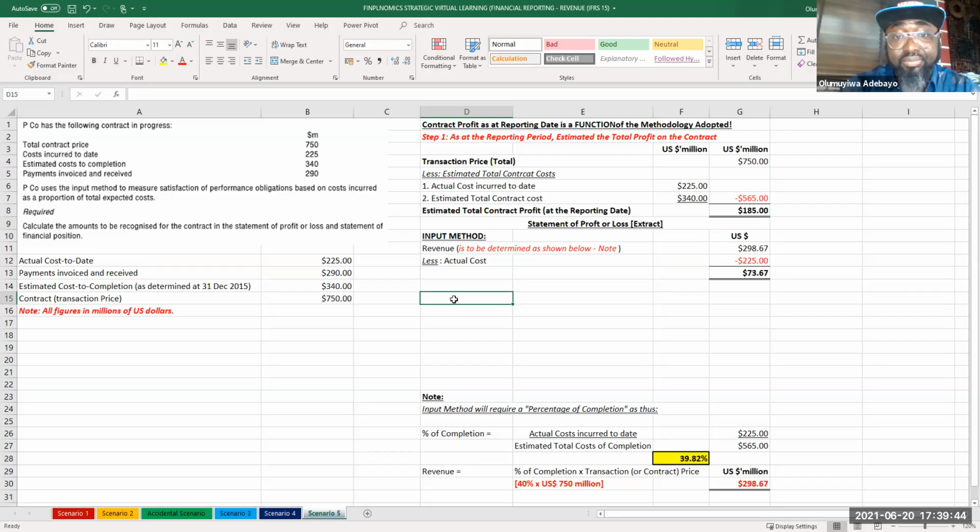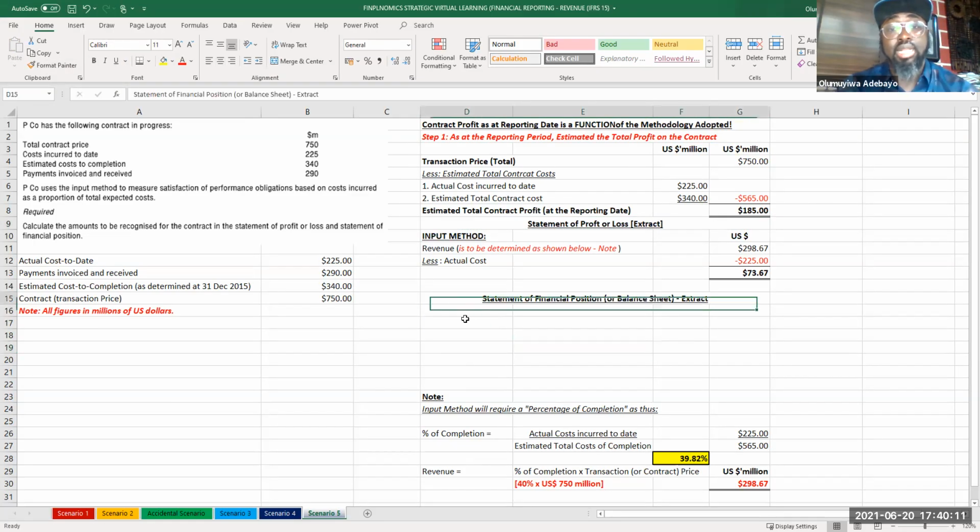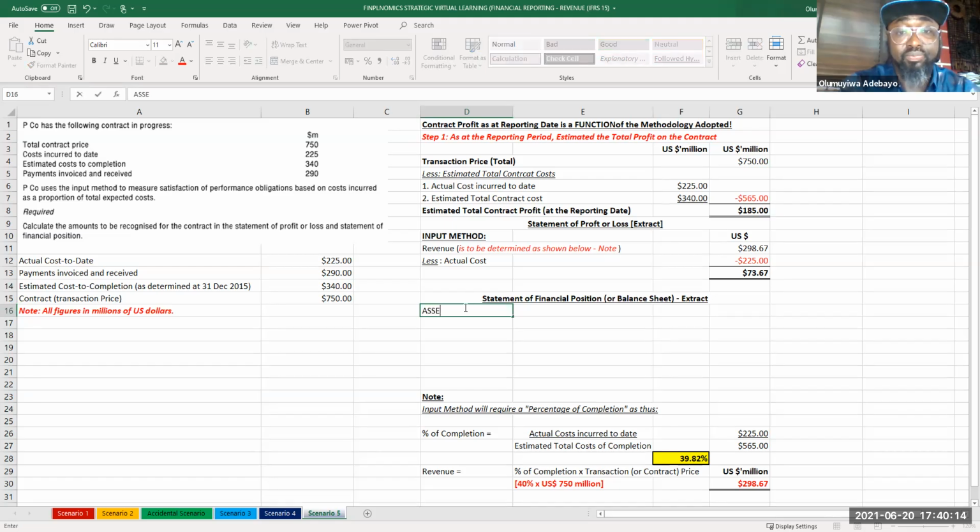Now my balance sheet. Now, in my asset section, I may have two components, and the two components lie within current assets, if any, and I will explain.